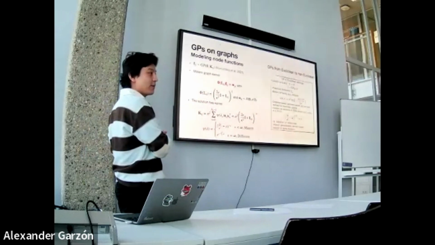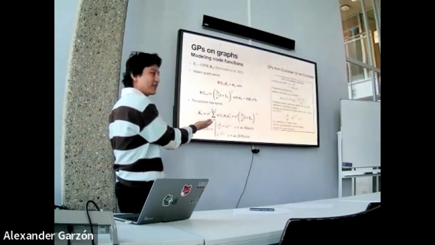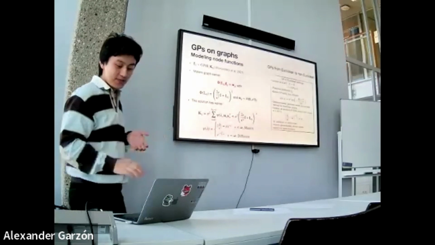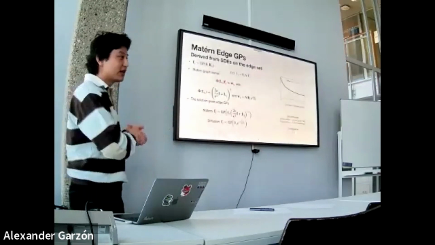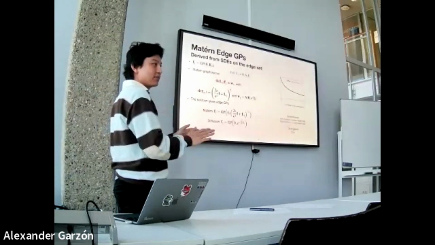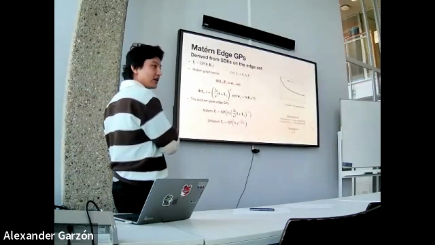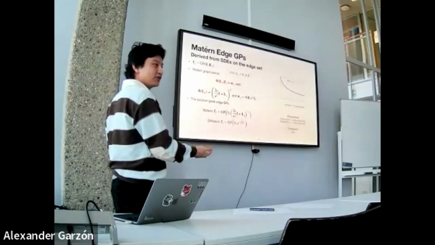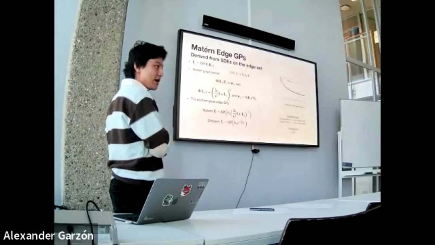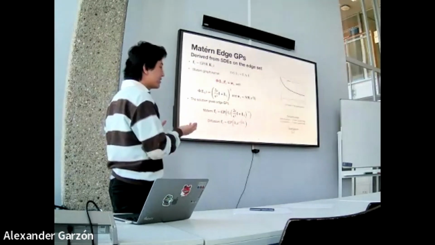We replace the Euclidean Laplacian by the graph Laplacian. Of course, we could do the same thing: replace the graph Laplacian by the Hodge Laplacian and the node function by the edge function, and we obtain a Matern distribution. But is this really a good thing?